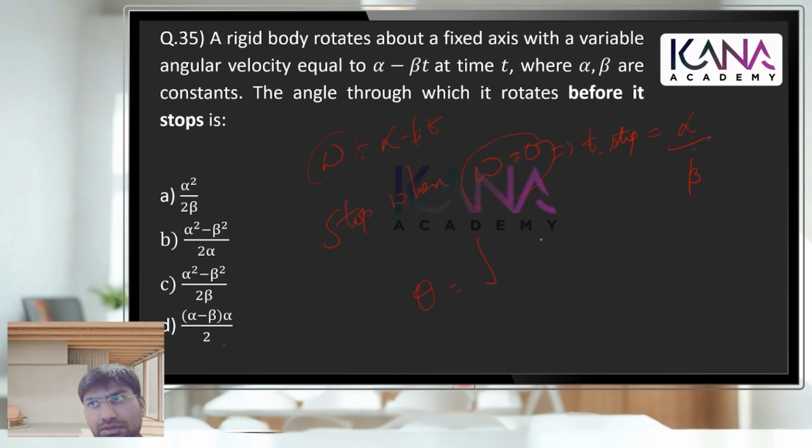It will be the integral from 0 to alpha by beta of alpha minus beta t dt. If you solve for this, we'll get alpha square by beta minus alpha square by 2 beta, which will be alpha square by 2 beta.